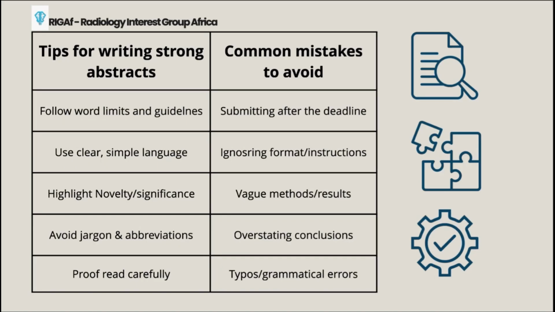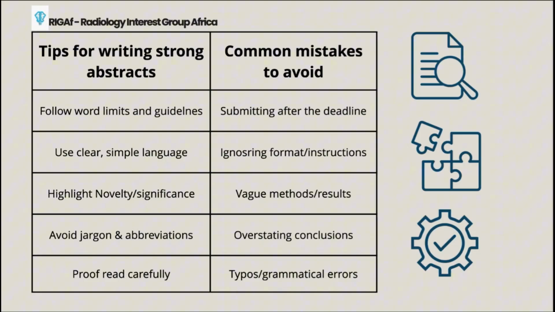So this is essentially a summary of what we've talked about, but I also wanted to give some tips on writing a strong abstract, and also mistakes to avoid. When it comes to actually writing and submitting, the most important thing is to read and follow the conference instructions. Every meeting has its own rules about word count, format, headings, and submission process.